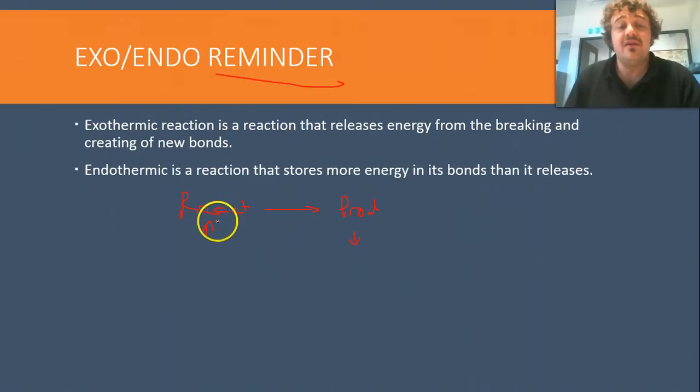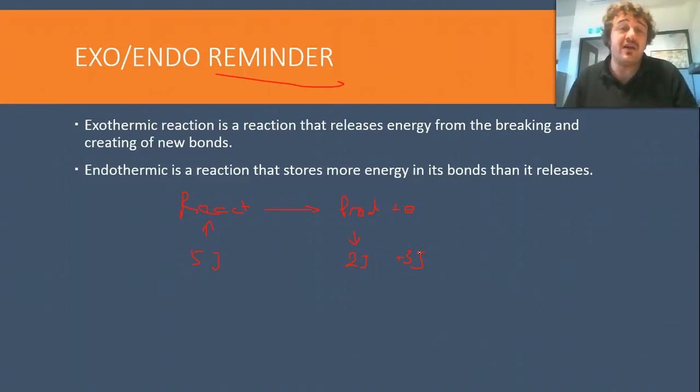So if the bonds of this have an energy of 5 joules, it's just random numbers, and this one has an energy of 2 joules, it will be reactants gives you products plus energy, which in this case is plus 3 joules.